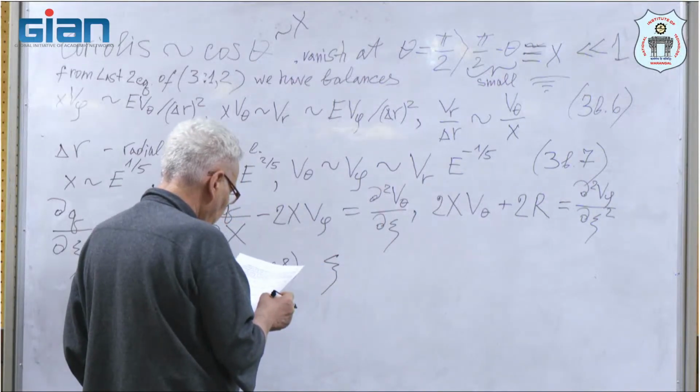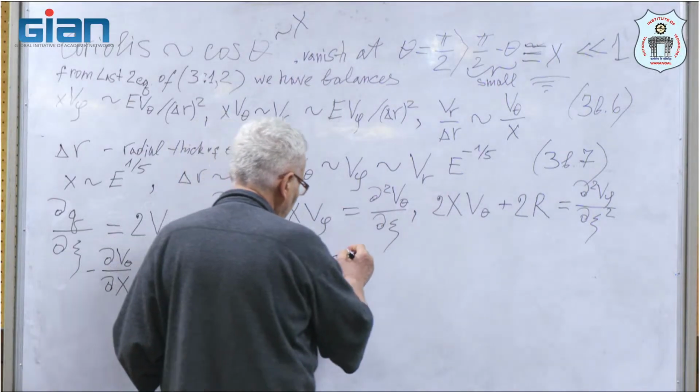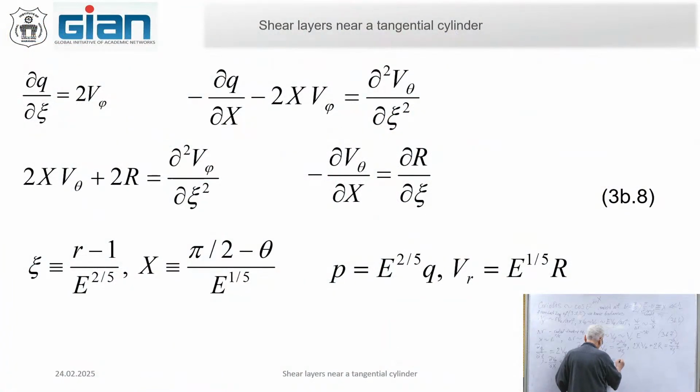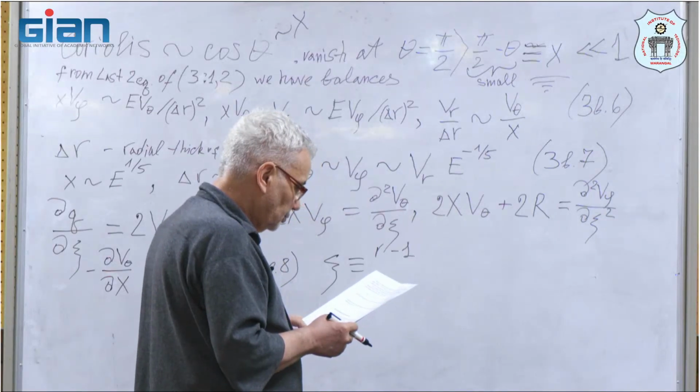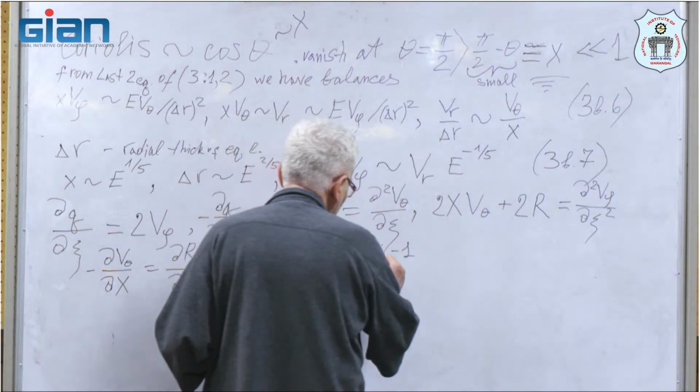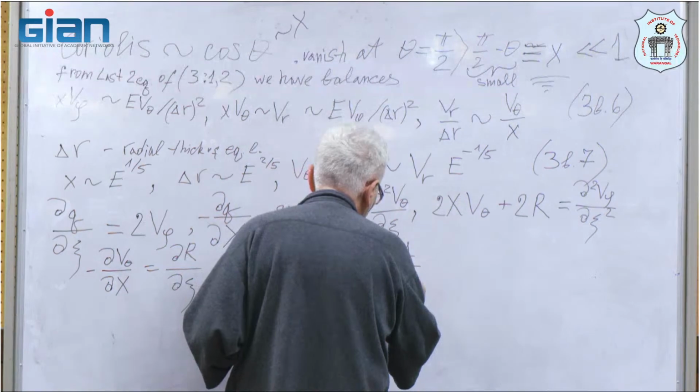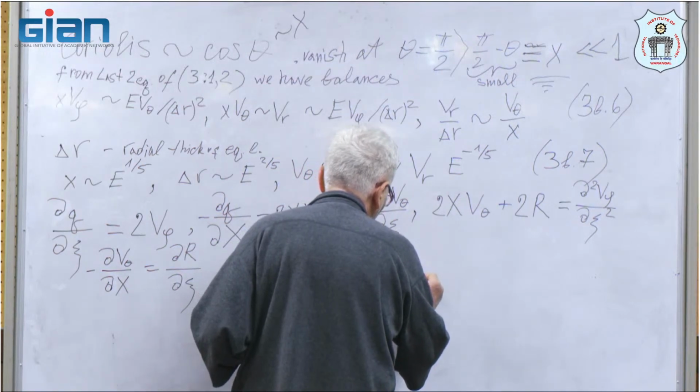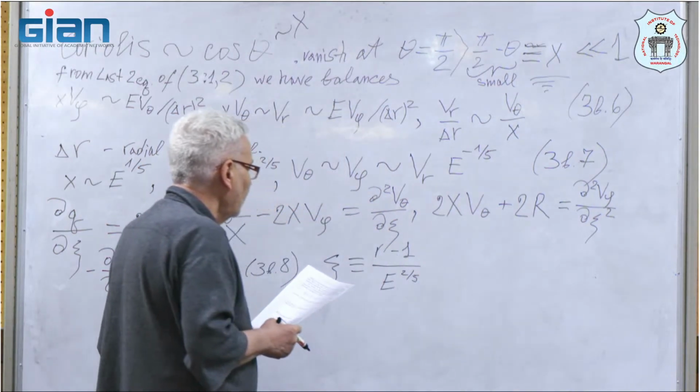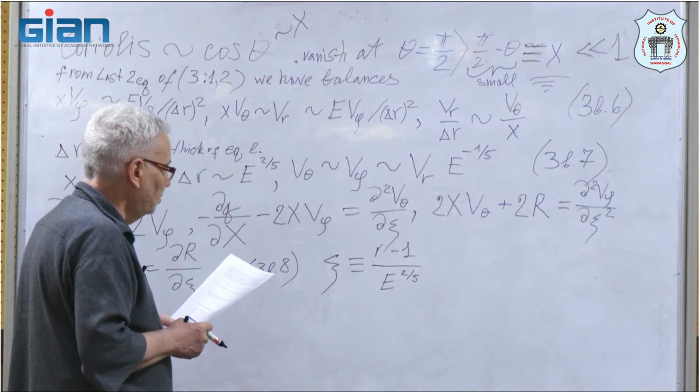Of course, it's related to the radial variable, and by definition, it is r minus 1. So it's outside the inner cylinder, so it's always more than 1. And so it's divided by e to the 2/5. This is a stretched variable.